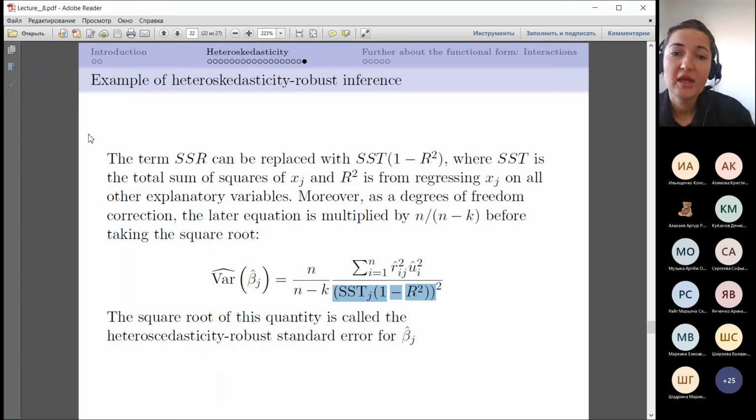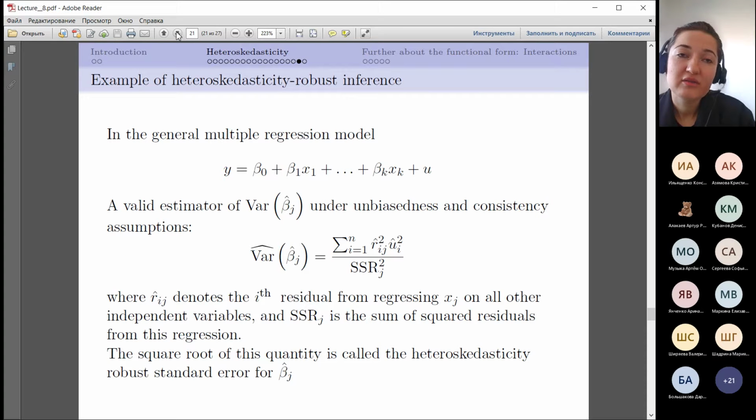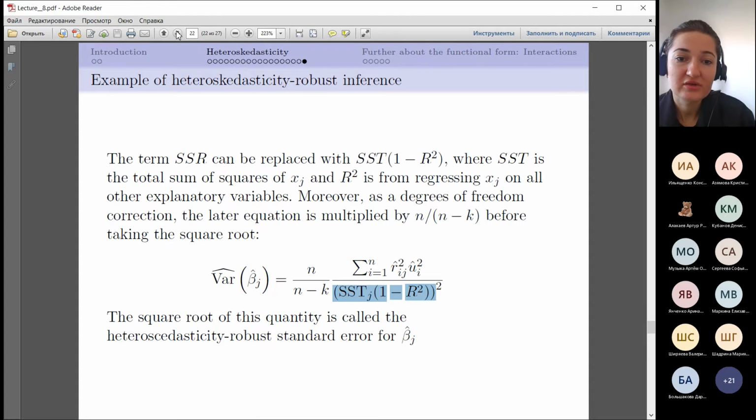And you can use this formula to do this. This is the most popular way, or you can just change the approach that you use. For example, instead of the ordinary least squares method, you can use the generalized least squares method. But of course, this method also has some limitations and some discussion. So generally speaking, just change the standard errors.